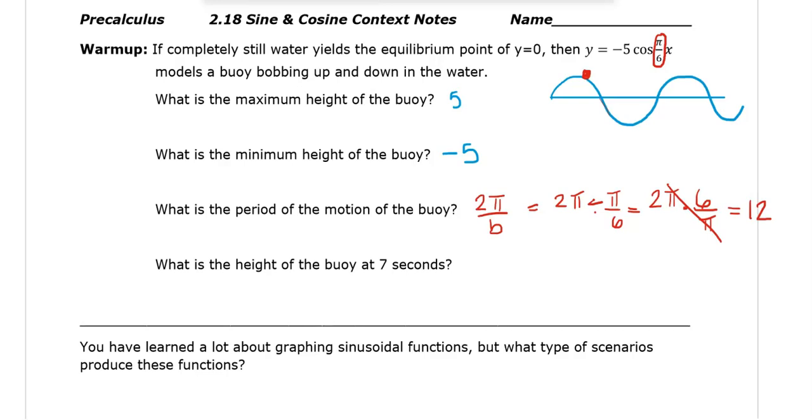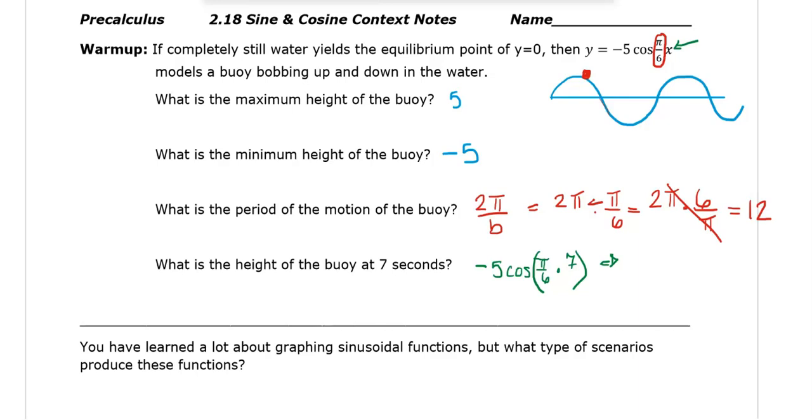So I just take the equation that I was given in the original problem, -5 times the cosine of pi over 6, and that pi over 6 gets multiplied by the 7 because it's no longer x. We're inputting 7 right here in the equation. So that gets me -5 times cosine 7 pi over 6.